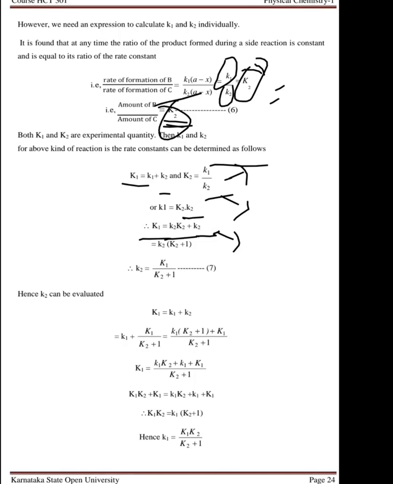Further, by taking k2 common, you can write it as k2 into K plus 1. So k2 is equal to k1 by K plus 1. This is the equation we have got.